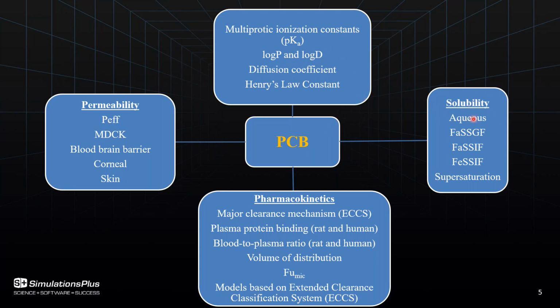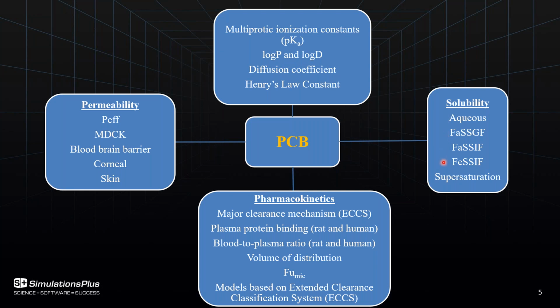Next, I'll move over to the solubility models. I already mentioned the aqueous solubility model. This can be, again, combined with the PKA model to predict the solubility at a certain pH. And I'll show an example of that and illustrate how ionization affects solubility and that further affects fraction absorbed.